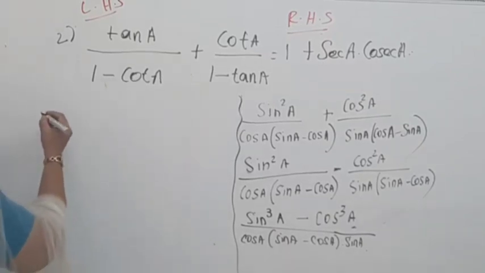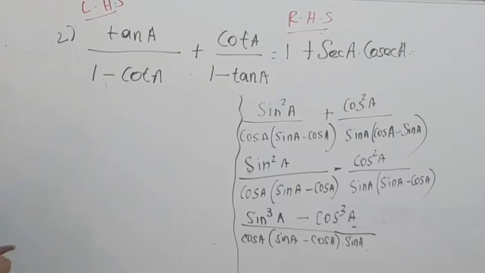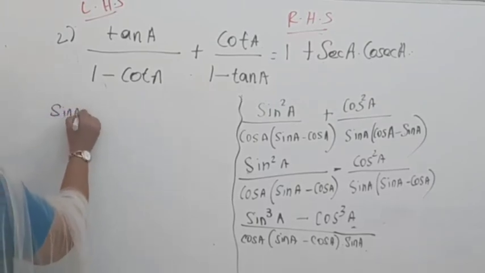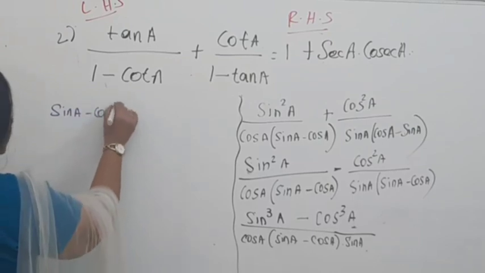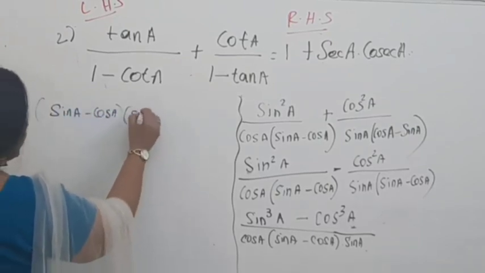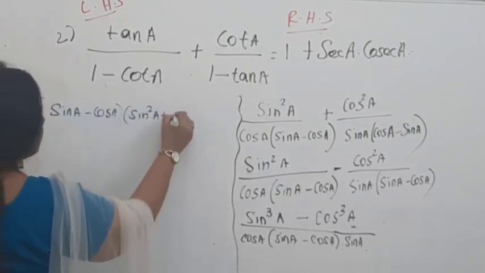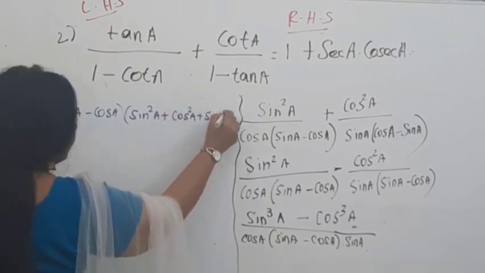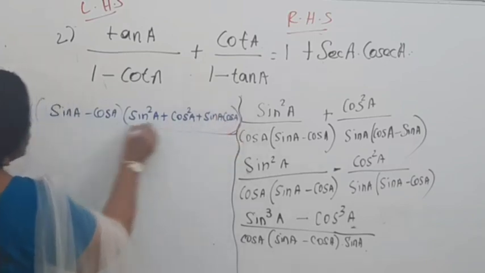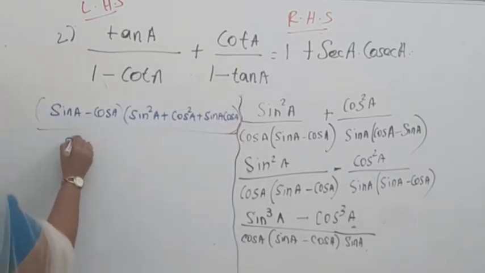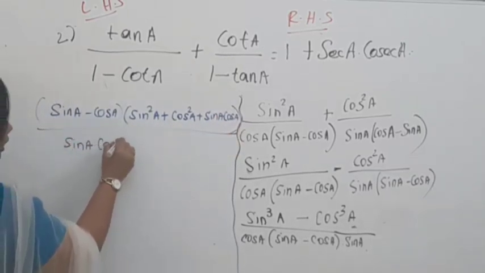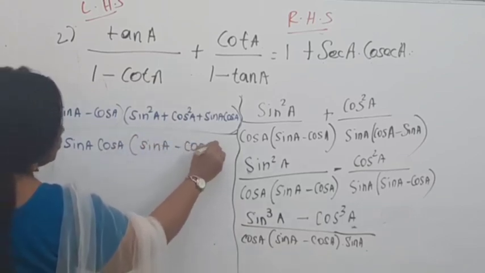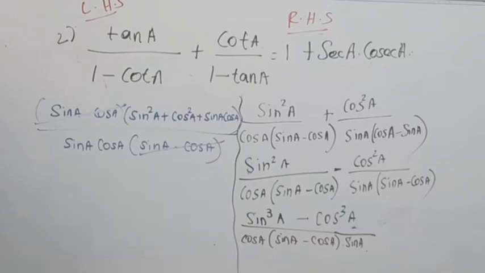So what is my a cube minus b cube? That is, I have a minus b, which is sin A minus cos A, into a square plus b square plus ab, sin A cos A, whole thing divided by sin A into cos A into sin A minus cos A. Hope you get my point, get cancelling.